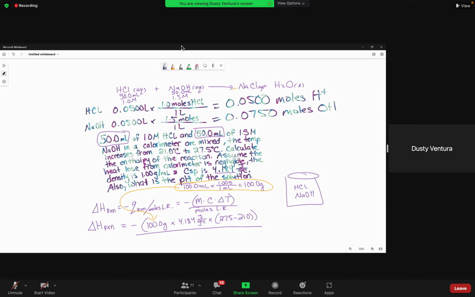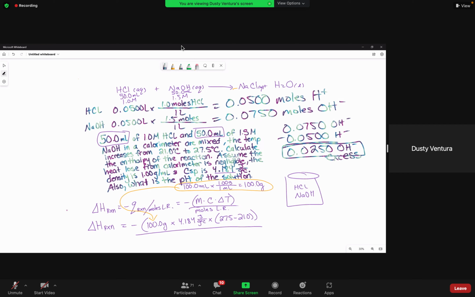We're just going to subtract the smaller one from the bigger one. And then you have to remember who was the bigger one and who was the smaller one. And then you know how many moles of excess you have left over. So this is your excess OH.